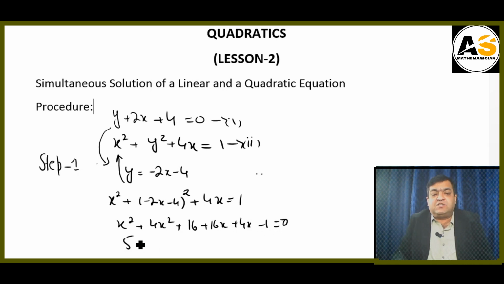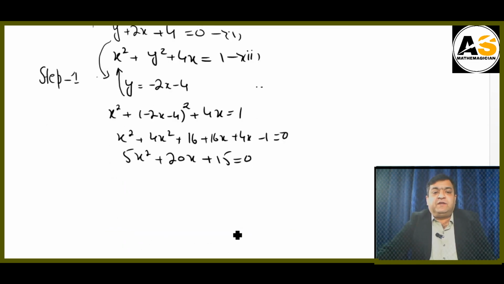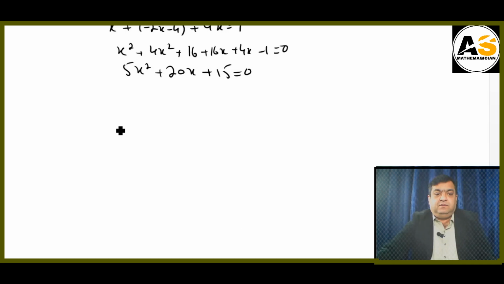This is 5x square plus 20x plus 15 is equal to 0. We can further divide this equation by 5 and get the simplest form. X square plus 4x plus 3 is equal to 0. Now, this is quadratic equation in one variable x.